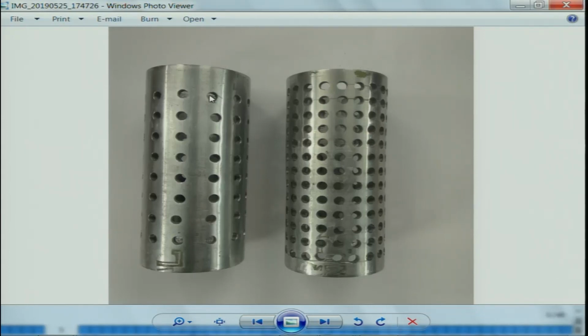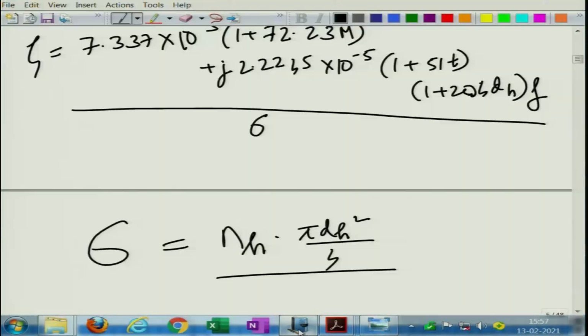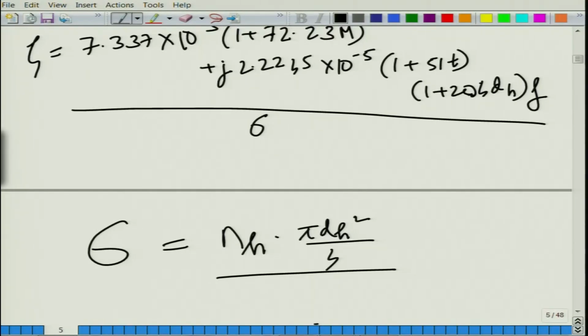In this case, it is the length from this point all the way until this point. So, the idea is, if capital D is the diameter of the perforated duct, then pi d into LP gives you the curved surface area.